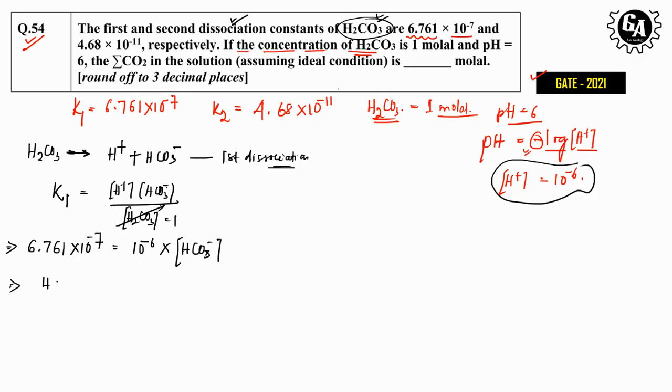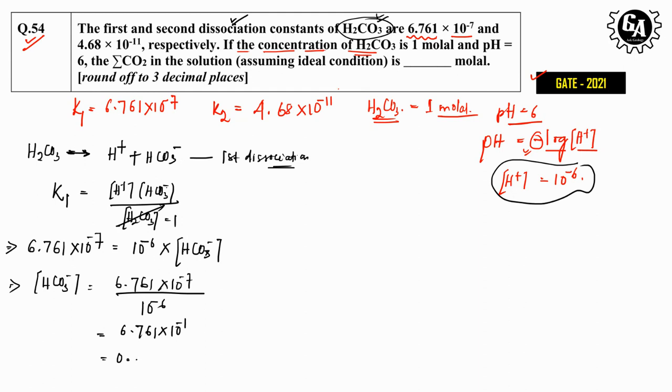So what is the concentration of HCO3 minus? It is 6.761 into 10 to the power minus 7 divided by 10 to the power minus 6. Simply, this is 6.761 into 10 to the power minus 1, because the 6 will go up and it will be minus 1.